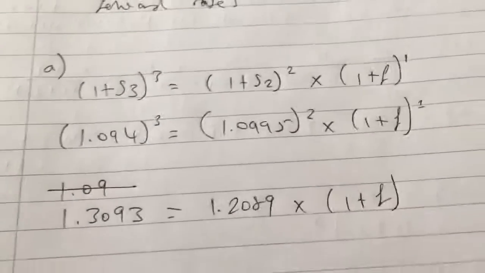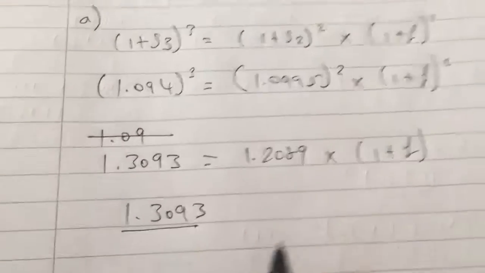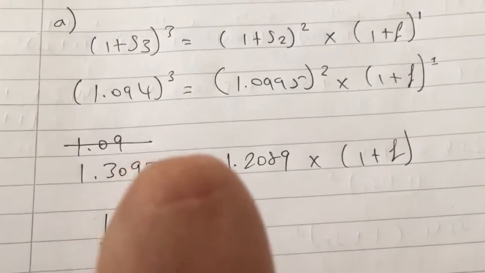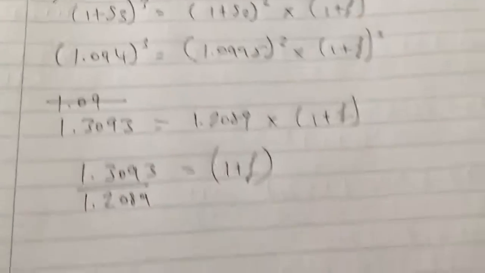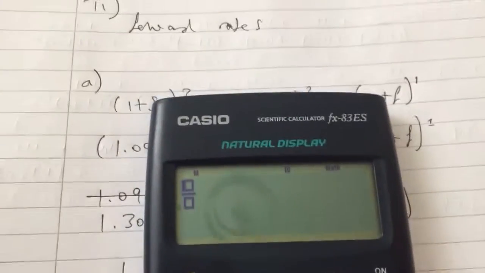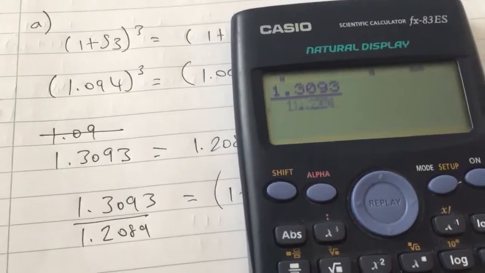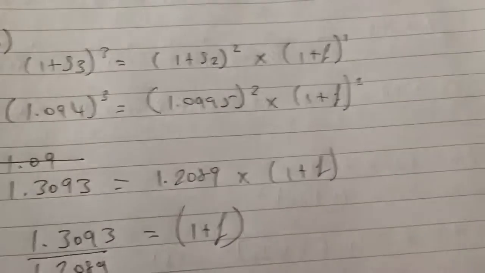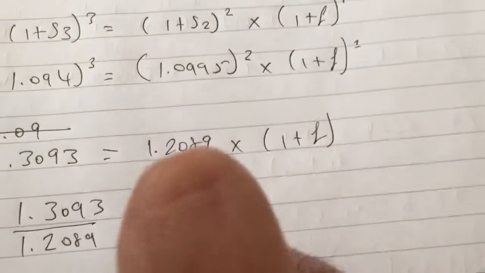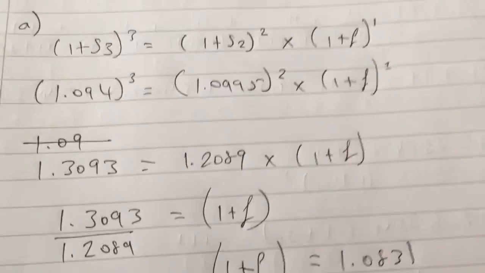We want to work out what F is, so divide them. 1.3093 divided by 1.2089 equals 1 plus F. In the calculator, that's 1.0831.